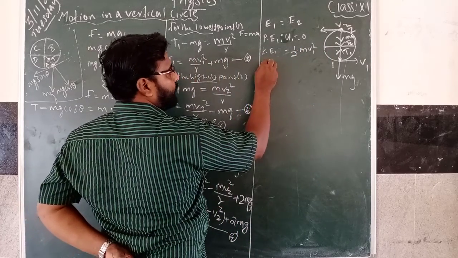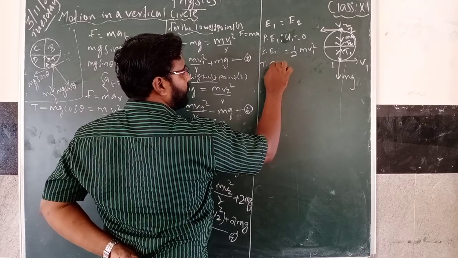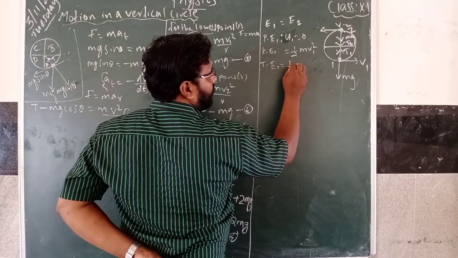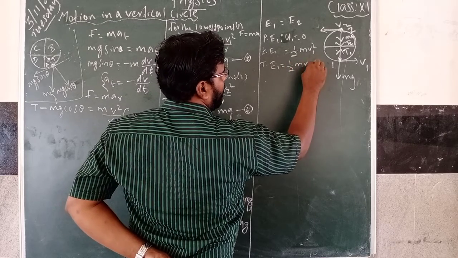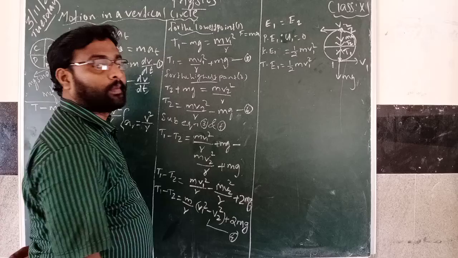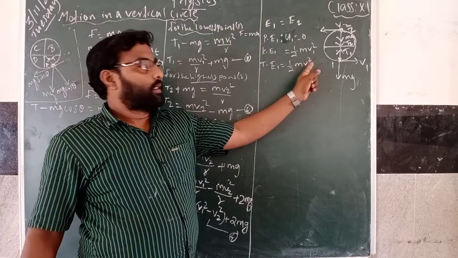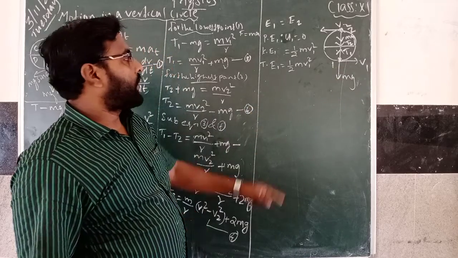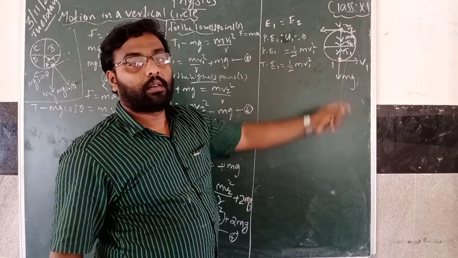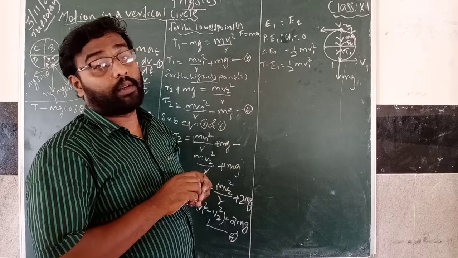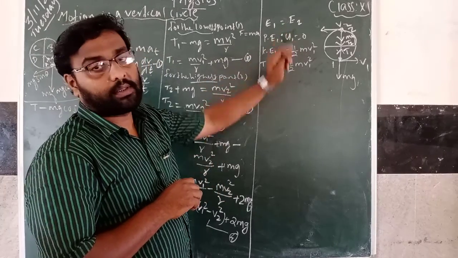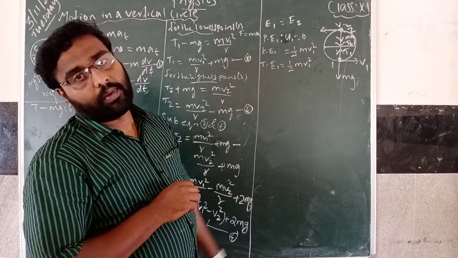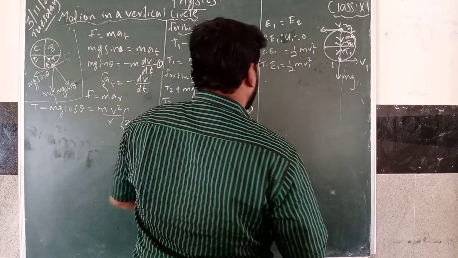Then total energy at position 1, 0 plus half mv1 square is equal to half mv1 square. You know the kinetic energy formula half mv square; instead of v, we are putting v1 square. Here the object is at the lowest point, so there won't be any potential energy. Potential energy is 0. Total energy 0 plus half mv1 square.